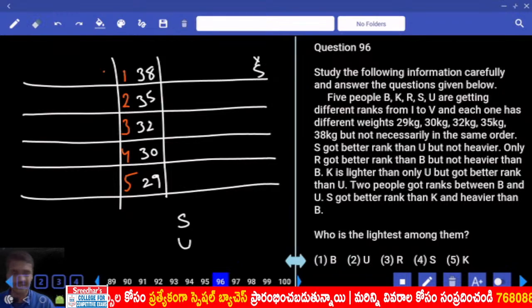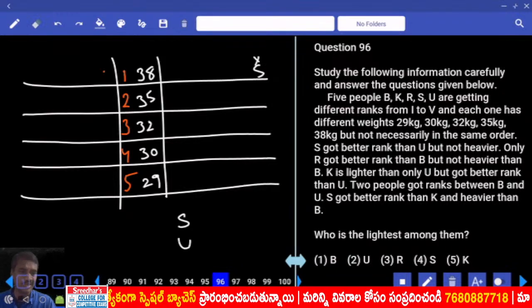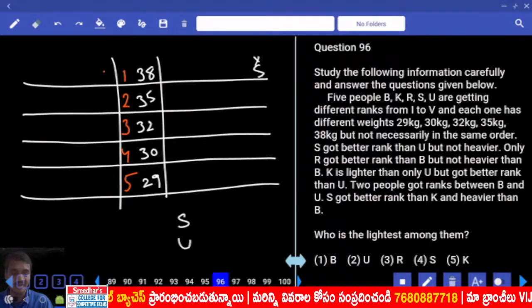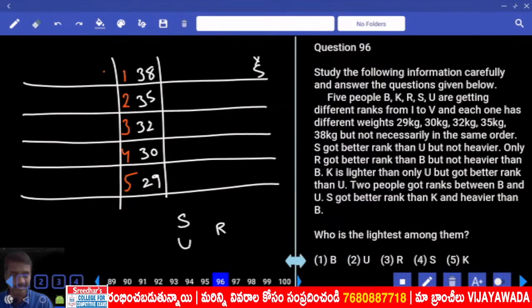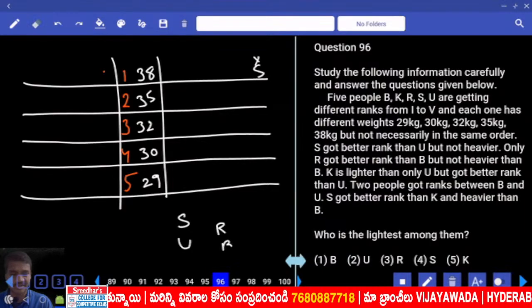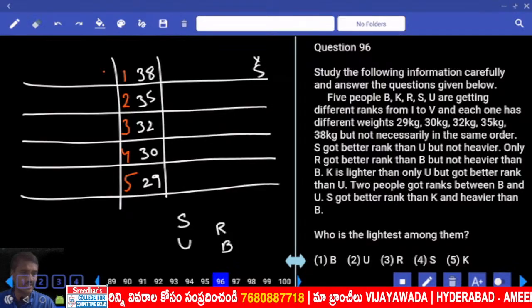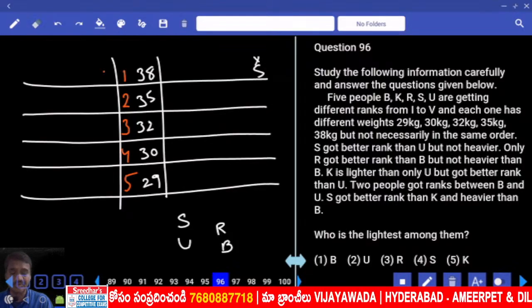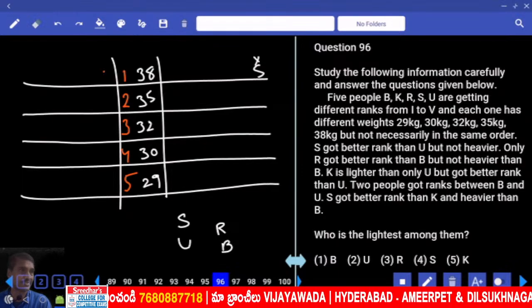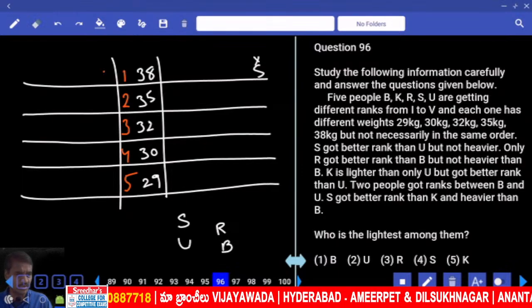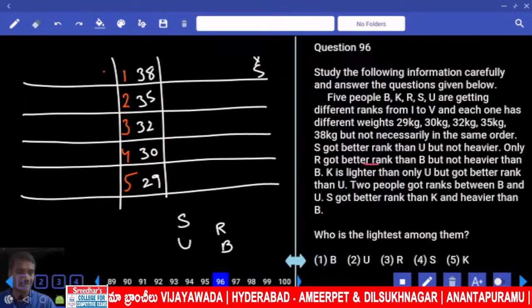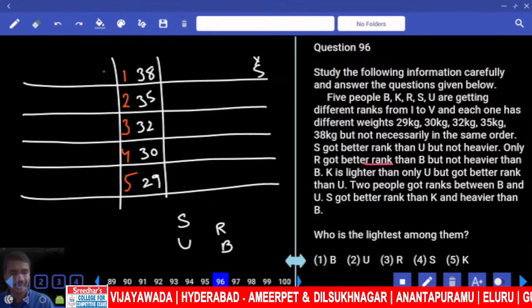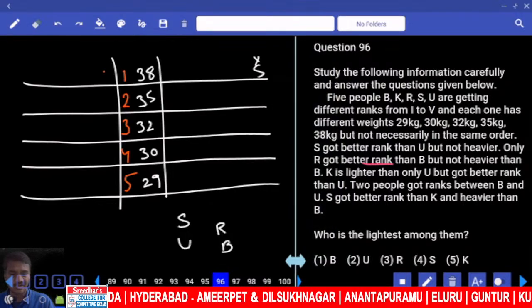And only R got a better rank than B. R got a better rank than B, but is not heavier than B. R is not heavier than B. Clear? Only R got a better rank than B.